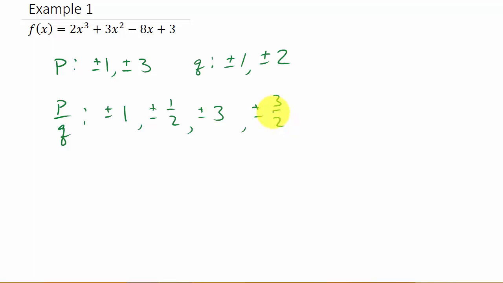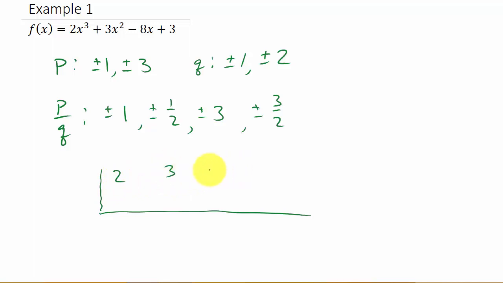All right, so now what we have to do is see which one is a zero. You just have to take each one and plug it in to see if we get zero. Well, the easiest way to do that is to use synthetic division, and you should have learned synthetic division by now.